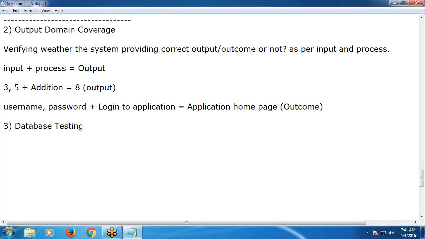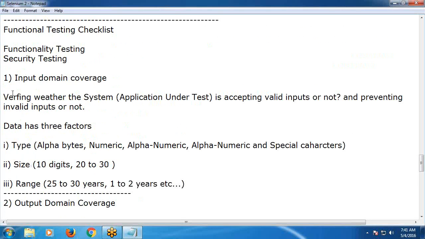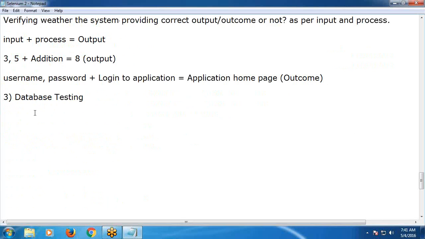In this scenario, database testing is part of functional testing, but it is not only part of functional testing, it is also part of performance testing. So database testing is an independent topic. We conduct database testing in functional testing, but in performance testing also database testing is there, data volume testing, etc.